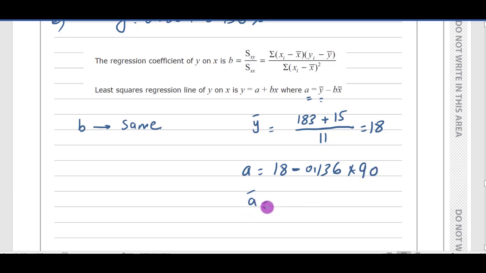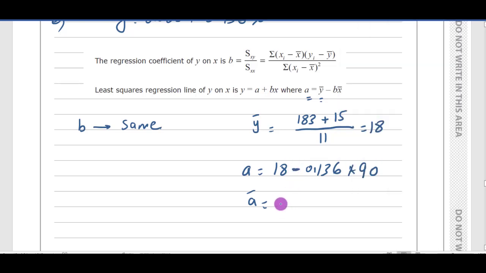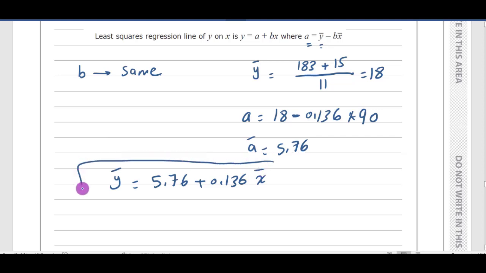So A equals 18 minus 0.136 multiplied by 90, which is 5.76. So the equation is y equal to 5.76 plus 0.136 multiplied by x. Okay, and this is the answer of this part.